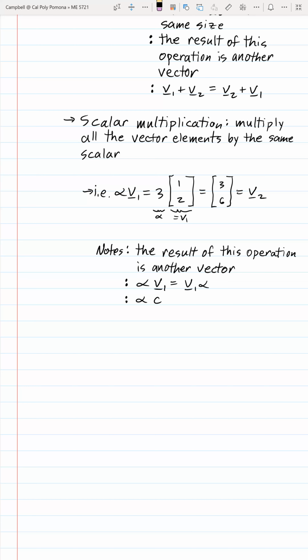So alpha, again, can be viewed as a zero-dimensional entity, if we like.